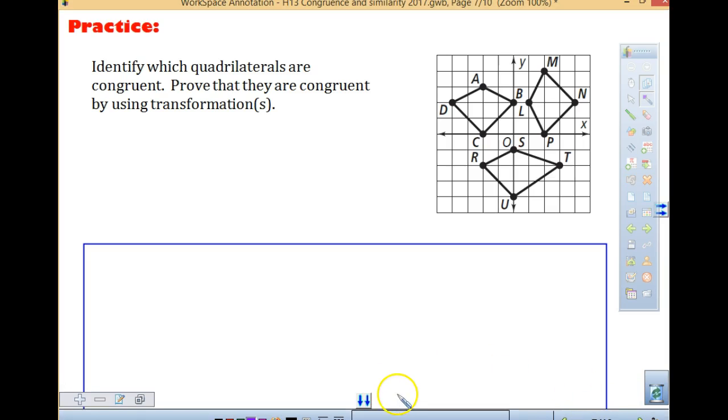All right. It says, identify the quadrilaterals that are congruent, and prove that they are congruent by showing our transformation. Which one is not? This one on the bottom? Okay, so this has a 2 by 1, 2 by 1.